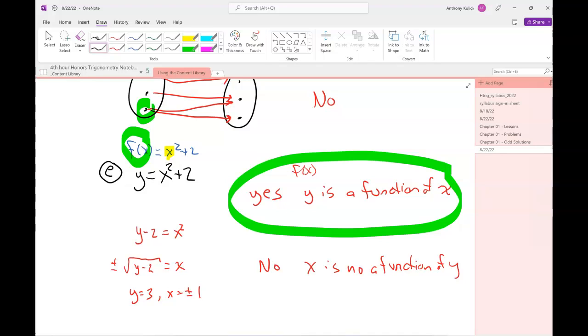So when you guys said that yes, this was a function, that y is a function of x, how did you figure that out? You might have just guessed, and that's okay. But probably somebody looked at that and did something in their head to justify that this is a function.